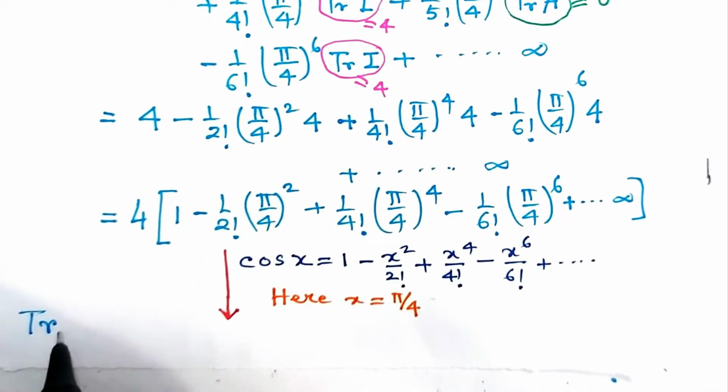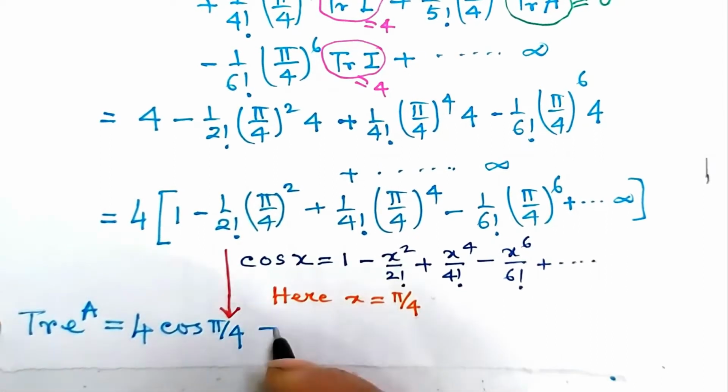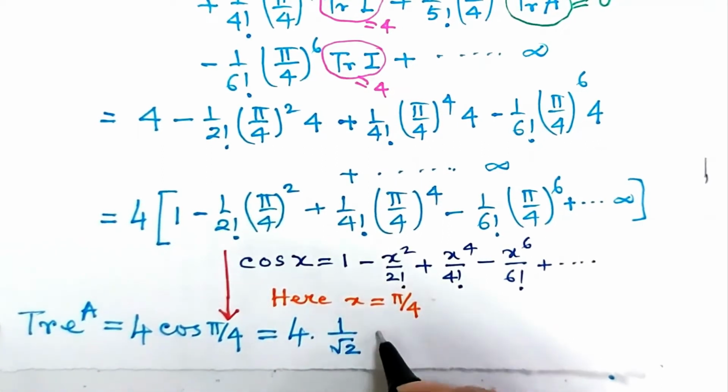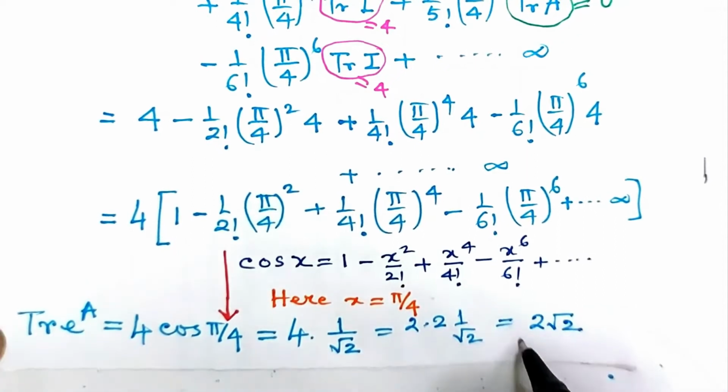So trace of e to the power a is 4 cos pi by 4. Put the value of cos pi by 4 to be 1 by root 2. This gives, on simplification, 2 root 2, which is the answer.